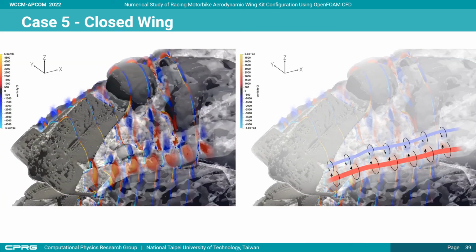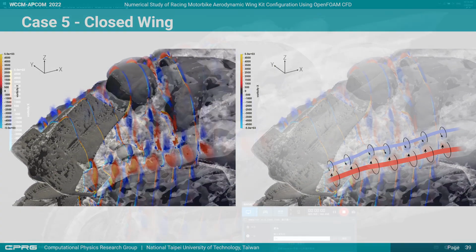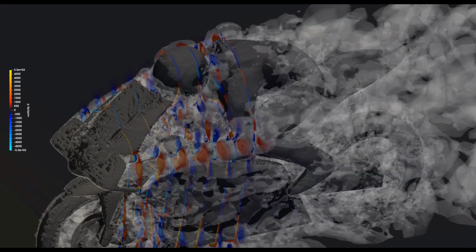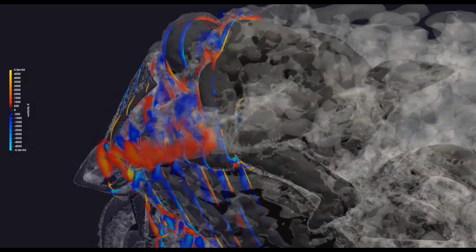If we combine both isosurface of the Q criterion and the vorticity in the x direction, this is more clear. The vortex with positive value rotates in an anti-clockwise motion, and the vortex with negative value rotates in a clockwise motion. In this video, you can see the detail of the vortex structures.